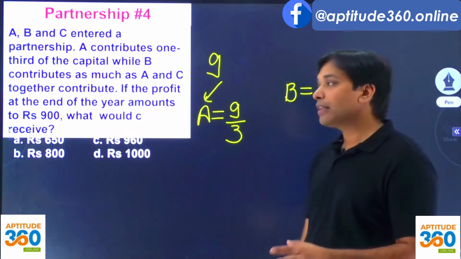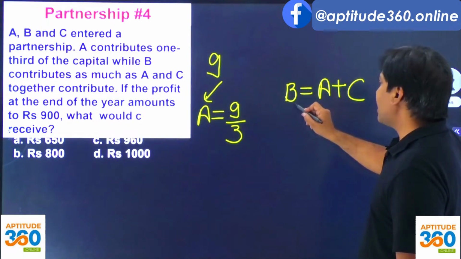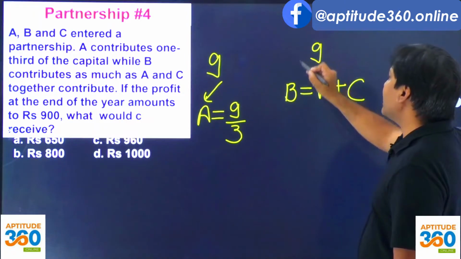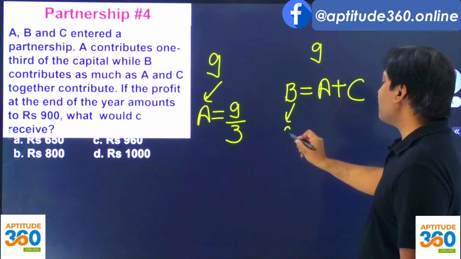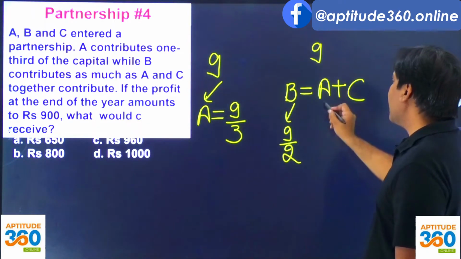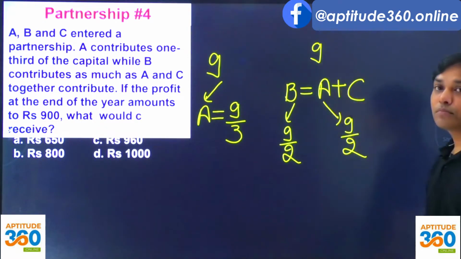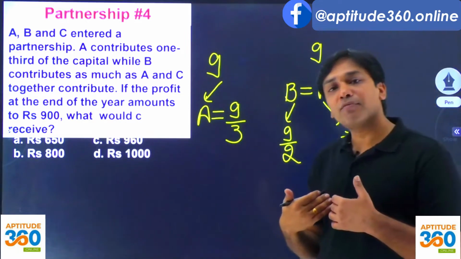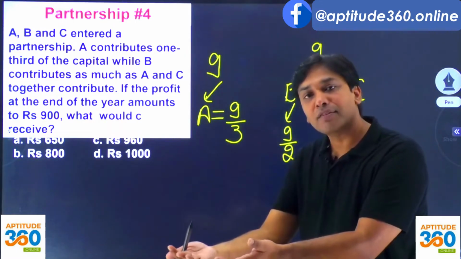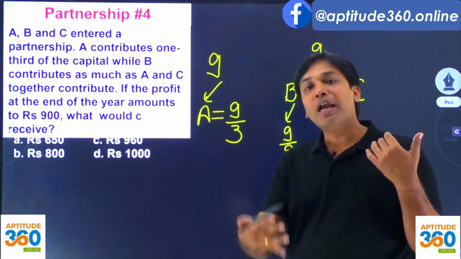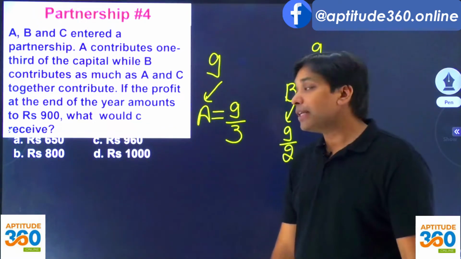So what does that mean? Total capital का, भाई total capital तो मान लो I लिया हमने, तो half of the capital should be given to B and half of the capital should be given to A plus C. A and C collectively will be getting half of the capital. B alone will be getting half of the capital. तभी तो B is going to be having as much as A and C collectively.